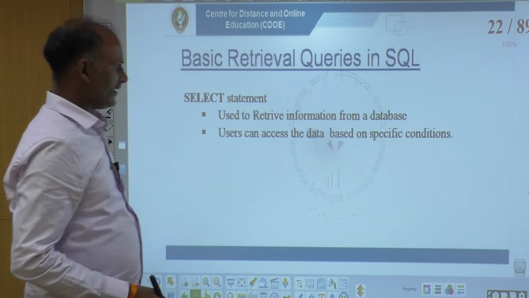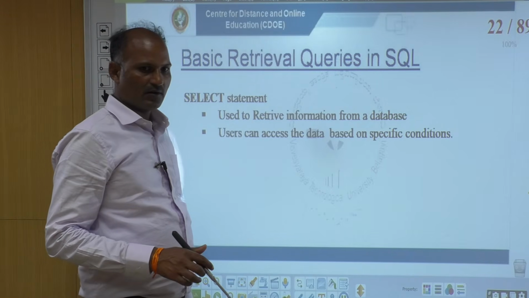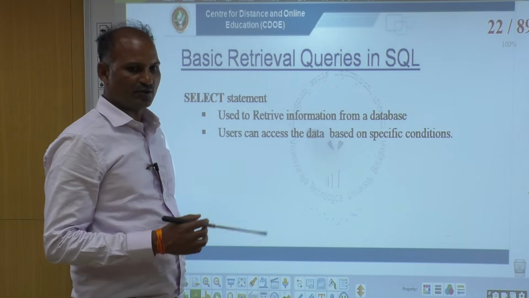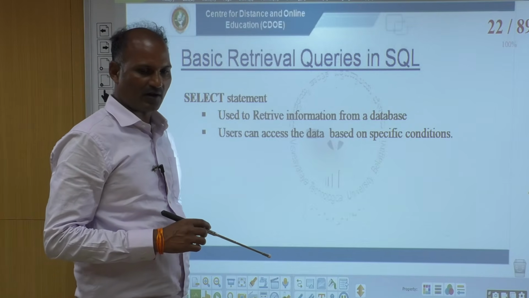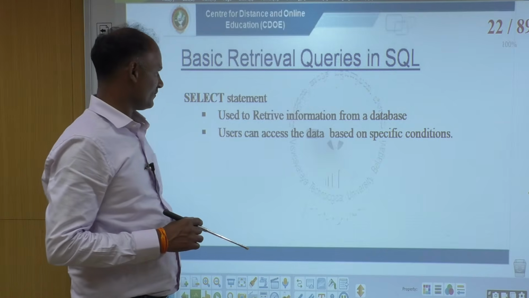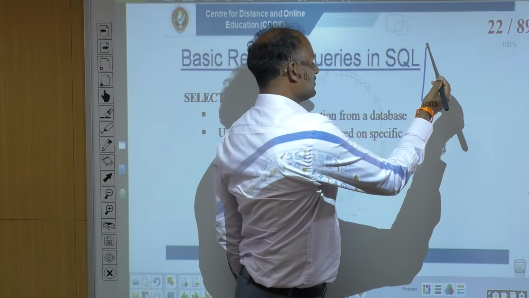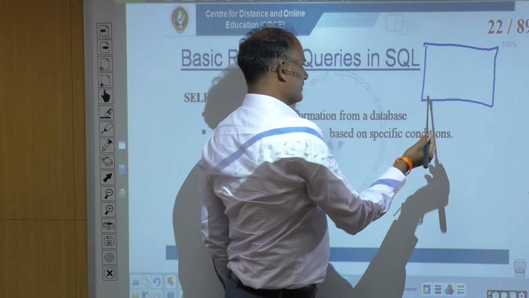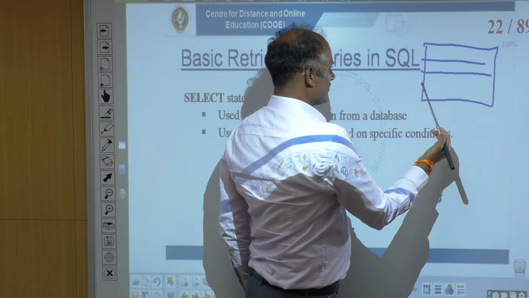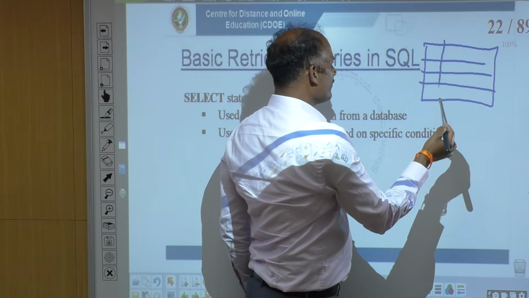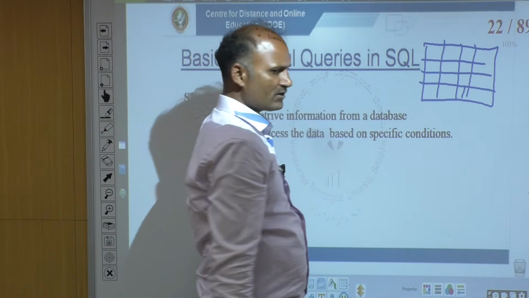So next, so far we discussed the different constraints that you can impose on fields or attributes. Now once the table is created and data is entered in the database, I want to view the different data or records stored in the database.